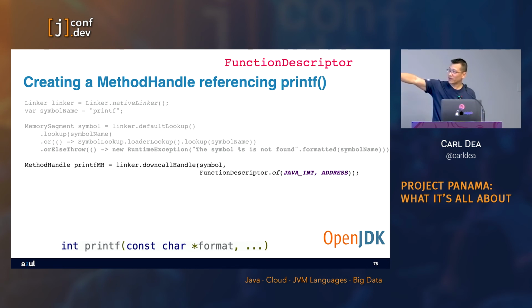The first argument of the method describes the return type. So printf returns an int, a C int, and the first argument is what? A C pointer to an array of characters. We said that we would use the value layout of address. And that's how you describe a printf.